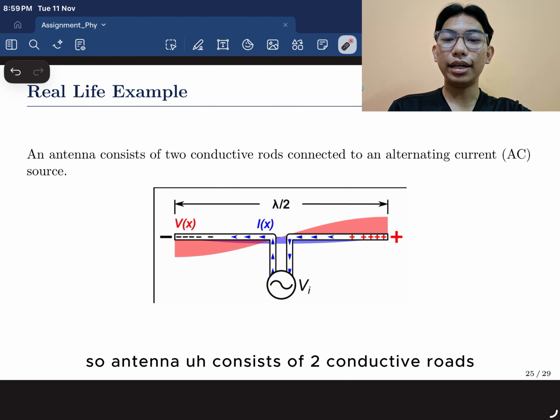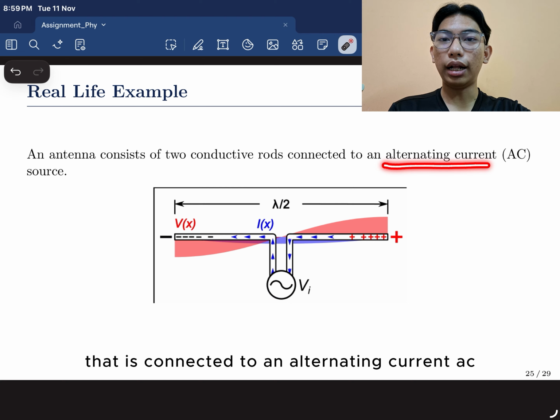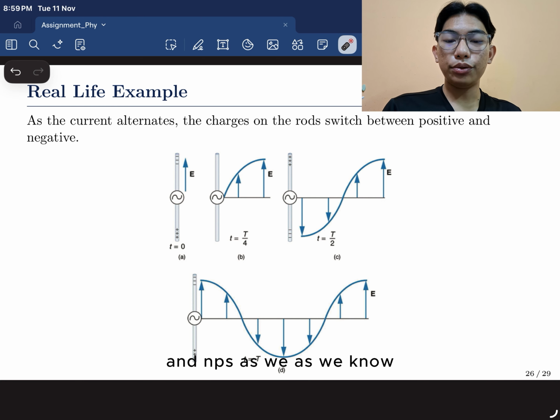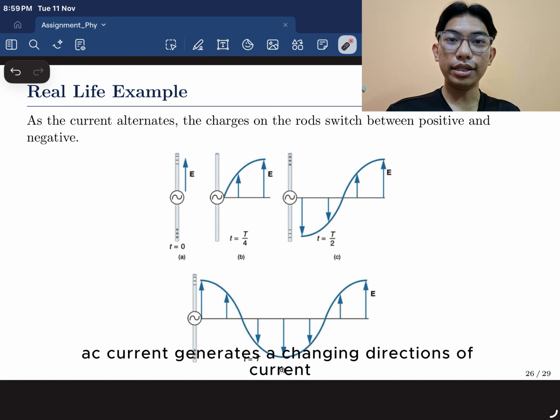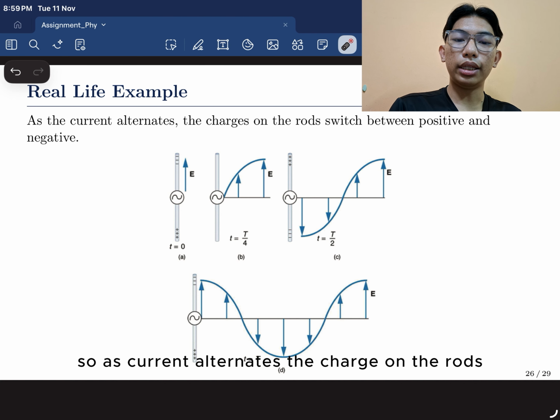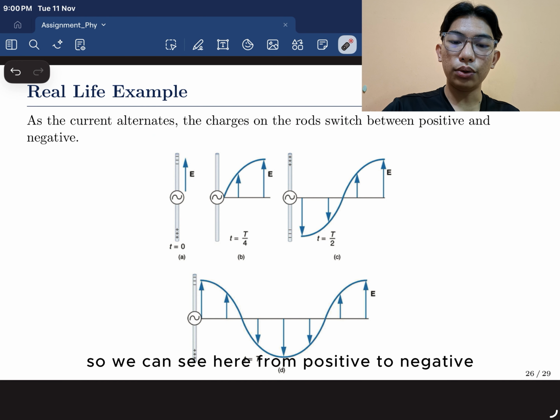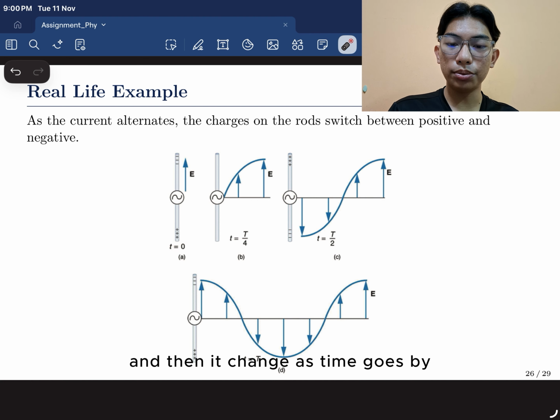An antenna consists of two conductive rods that are connected to an alternating current, AC. And as we know, AC generates changing directions of current. So as the current alternates, the charge on the rods also switches between positive and negative. We can see here from positive to negative, and then it changes as time goes by.